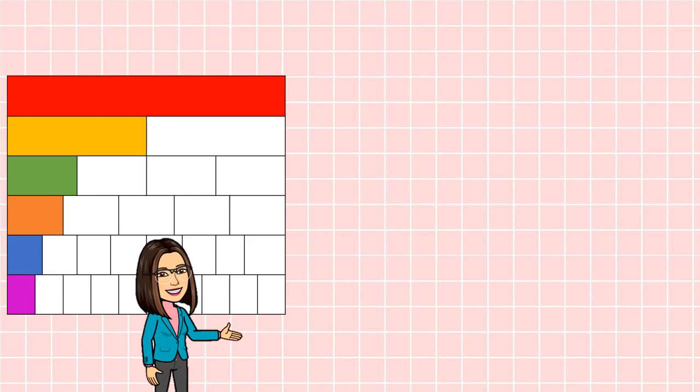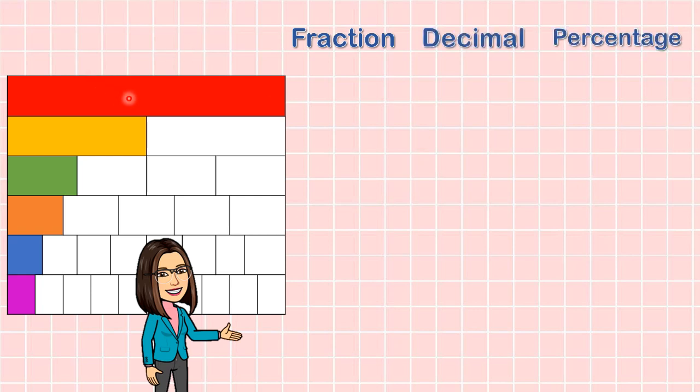Let's have this illustration finding the fraction, the decimal, and the percentage. This shows 1 whole, that is 1 and 100%. These 2 parts with 1 shaded part is 1/2, in decimal form that is 5/10, in percentage that is 50%.